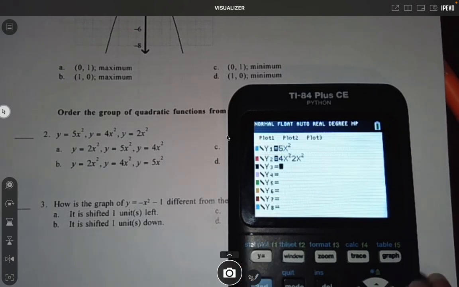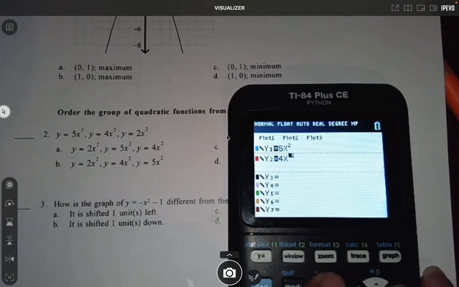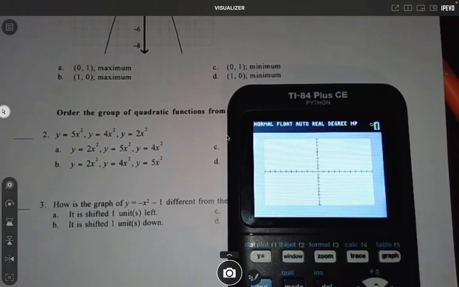I did. Hold on. Let me do that. 2x squared. I just typed it in wrong. Okay. Now, there's 5. There's 4. There's 2. So you can see 2 is the widest, then 4, then 5.